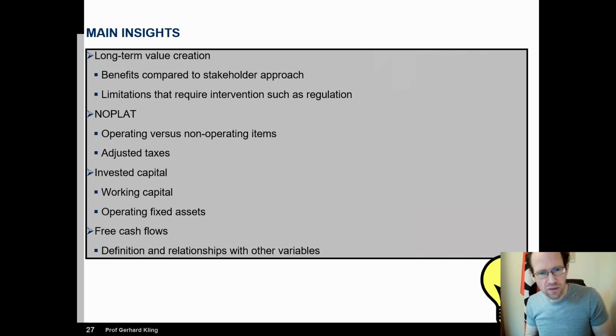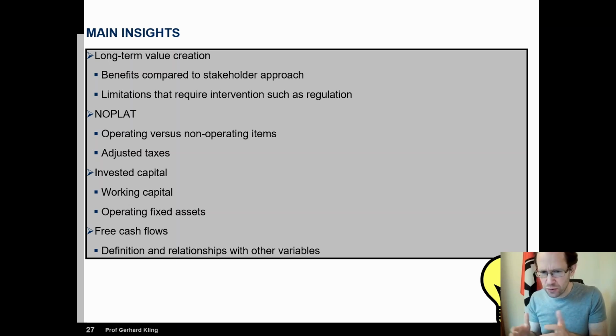So I think these are now the main insights which we can summarize. We focused on how to obtain NOPLAT as the money you make from operations and invested capital, the money you need to run the business, and then we derived the cash flows, and we related the cash flows to metrics which we define as profitability measures and revenue growth.